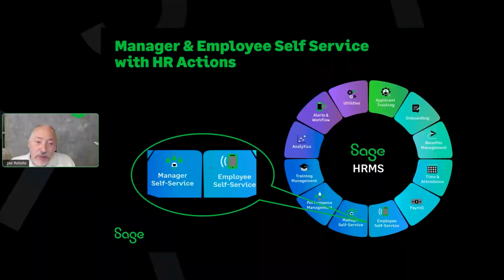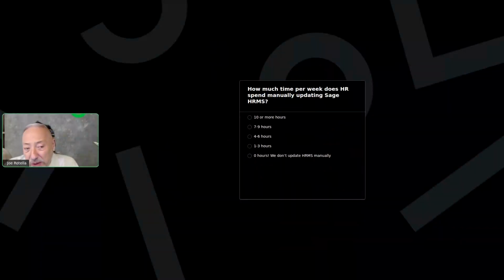We're going to give you a poll. How much time per week does HR spend manually updating Sage HRMS in your organization? I know you're not going to have an exact number, so just take a guess, and I know it could vary depending on the time of year. If you're a seasonal business, you might do a ton of onboarding and hiring at one time of the year, and then it gets quiet.